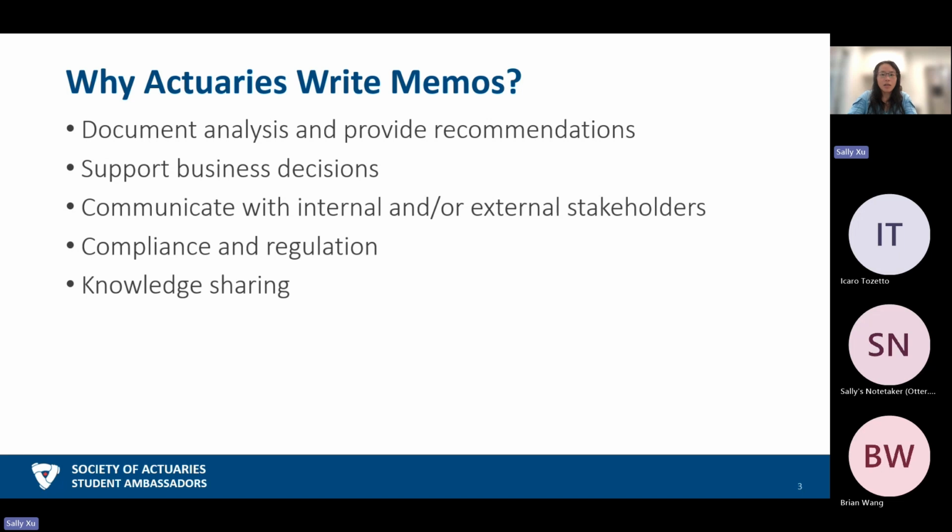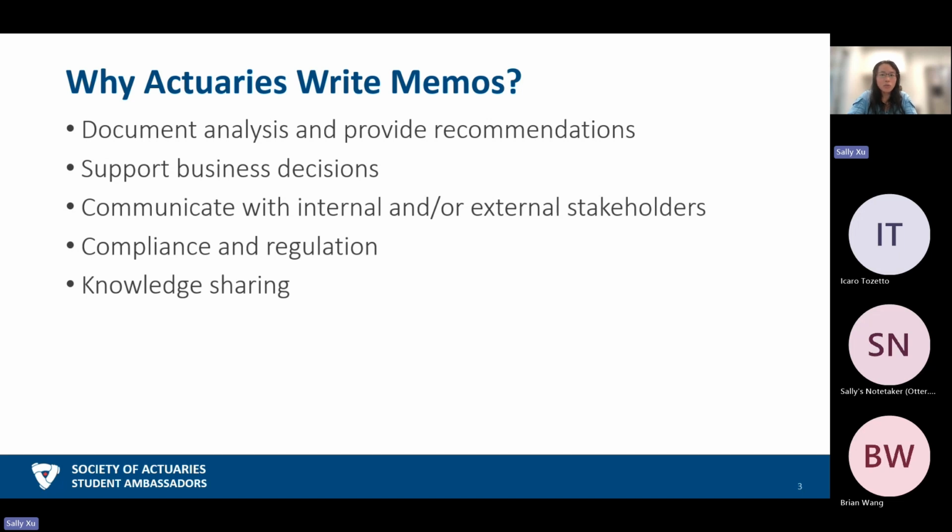They make sure that when you're communicating with both internal parties, such as senior management and other departments like accounting and underwriting that you might interact with on a frequent basis, as well as external stakeholders like regulators and auditors, you're able to translate technical details into understandable insights for those people.